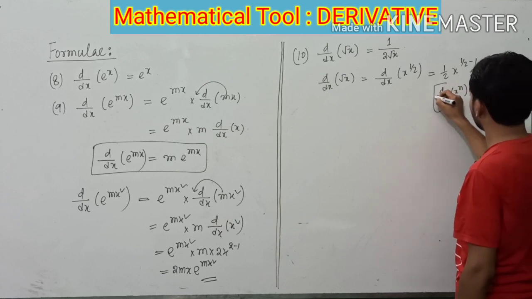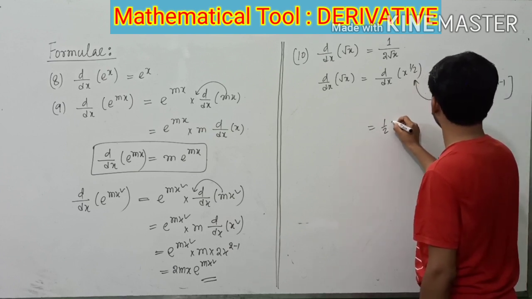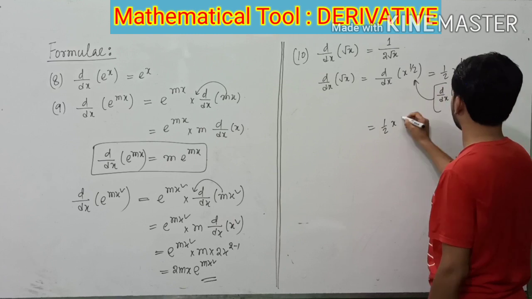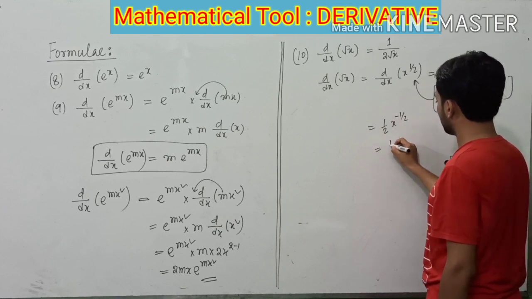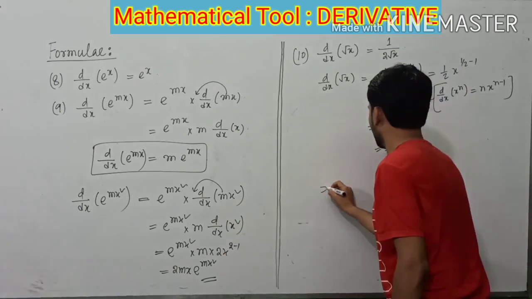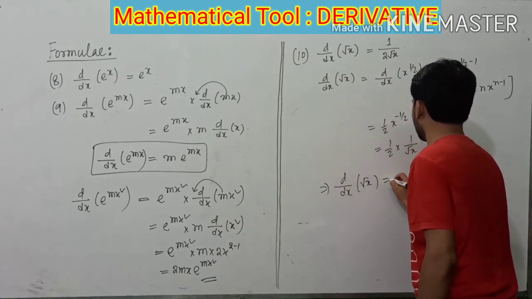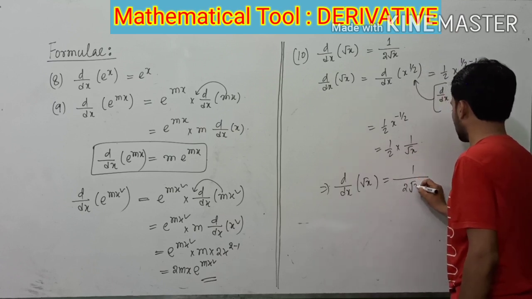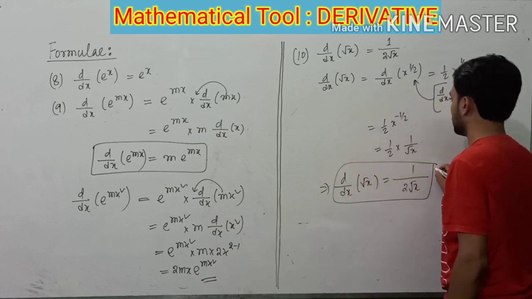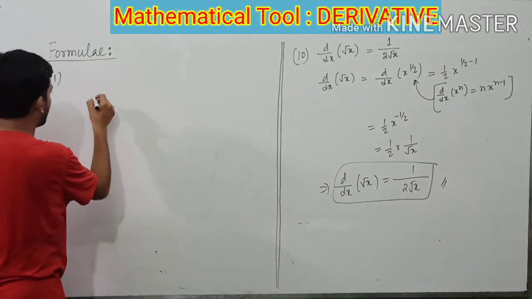Okay, this formula I have used here. Half x to the power half minus 1, that is minus half, 1 by 2, 1 by root x, implies d/dx of root x equal to 1 by 2 root x. Proved.